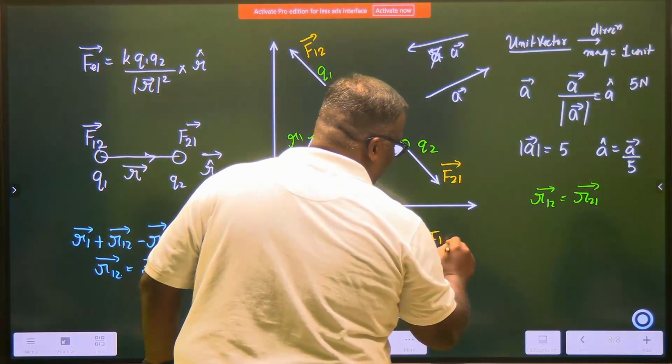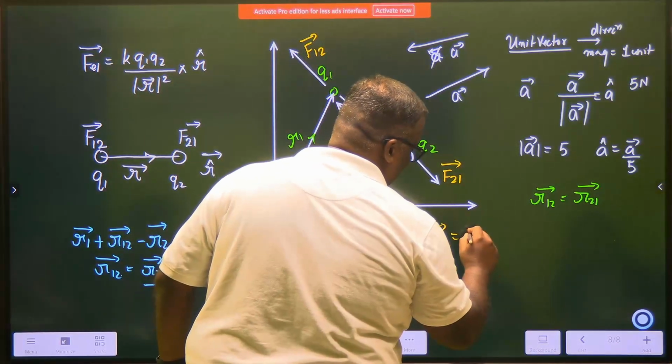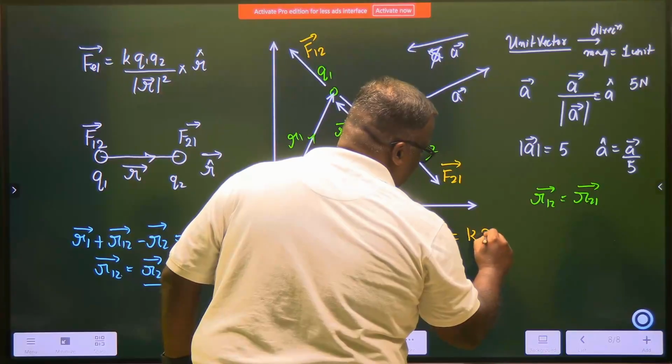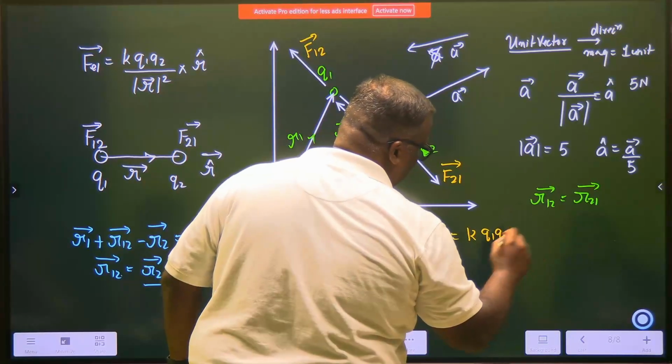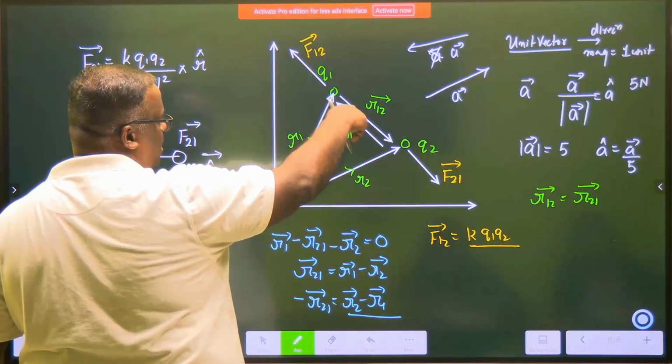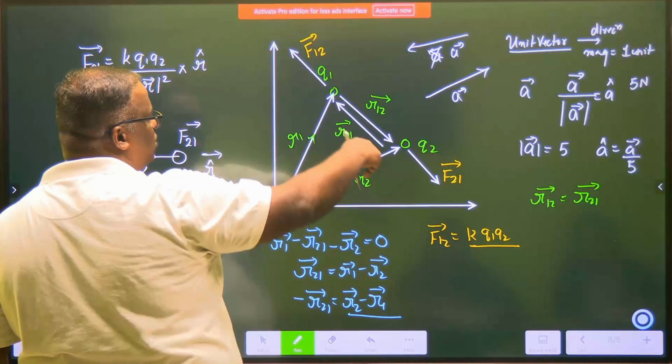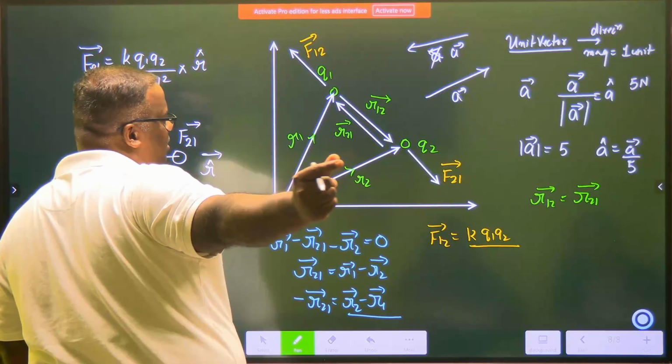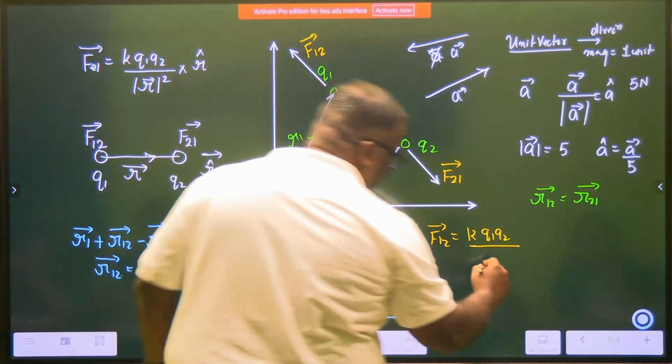So you write F12 is equal to K Q1 Q2, both being scalar quantities, divided by the square of the magnitude of r21, multiplied by r21 cap.